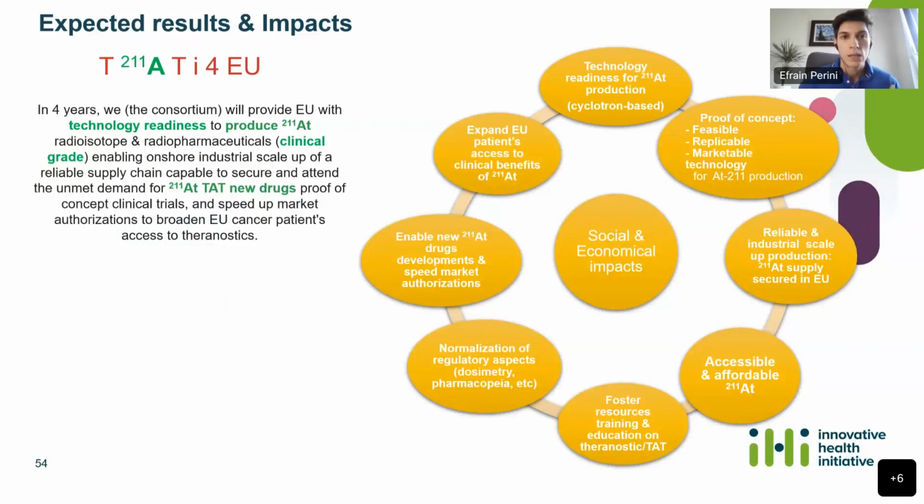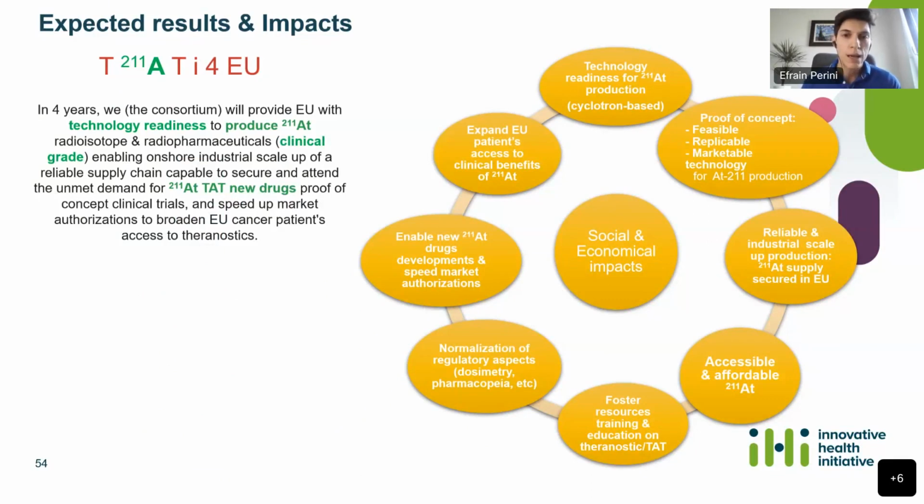The expected results and impacts for this project we see as providing the technology readiness for cyclotron-based astatine production. We will be able to enable a proof of concept which will be a feasible, replicable, and marketable technology for astatine production. This proof of concept would lead to a reliable and industrial scale-up of astatine production to secure the supply within the European Union.